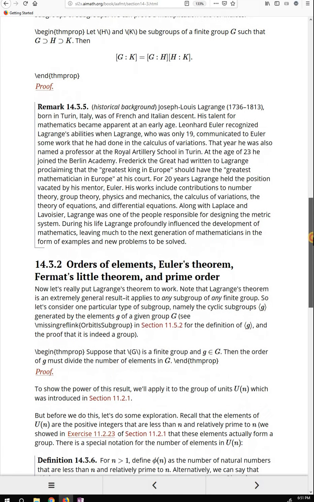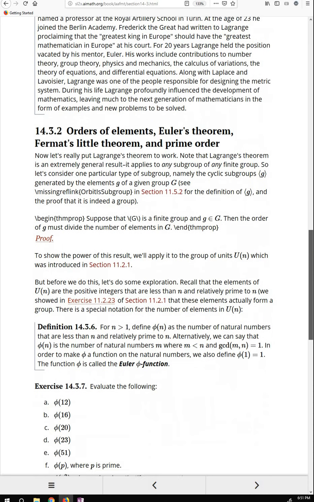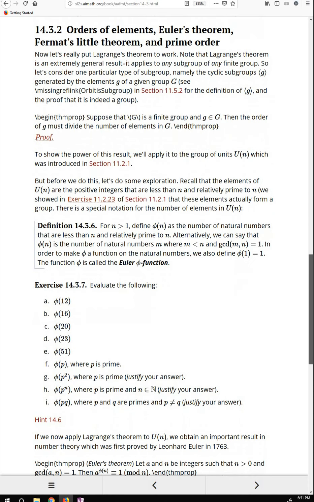All right, now we put that together with what we talked about, cyclic groups. Every element of a group has an order. Every element of a group generates a subgroup. Right? I've seen several examples of this. With S3, you've got one rotation. It generates all the rotations, and it has order 3. So any element of a finite group generates a finite subgroup.